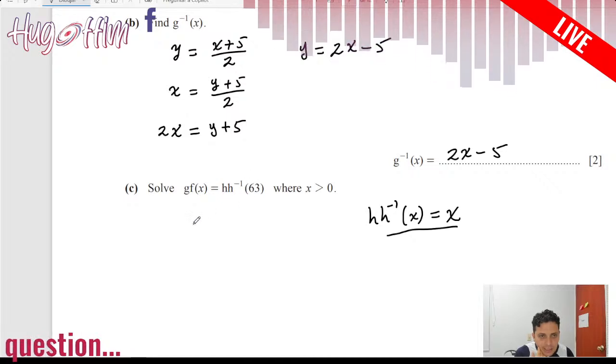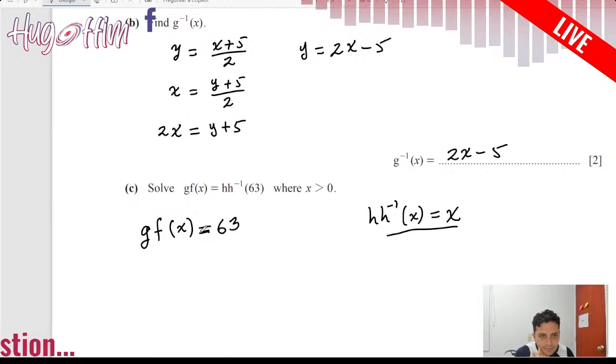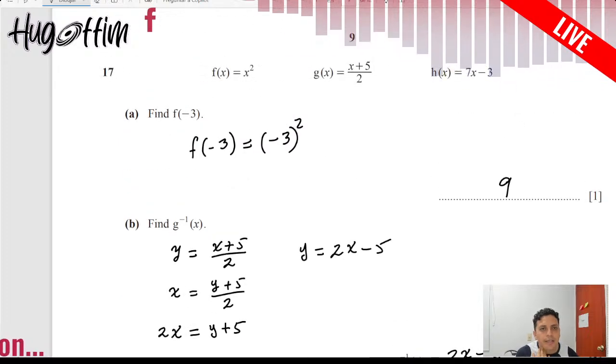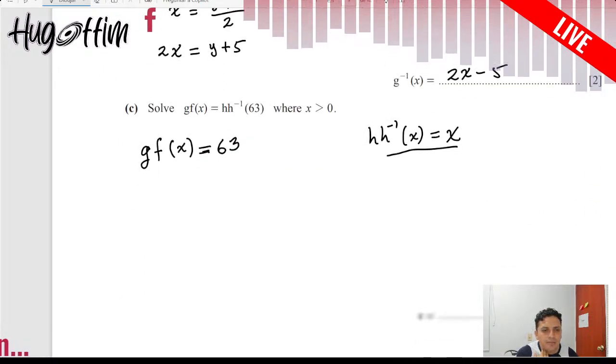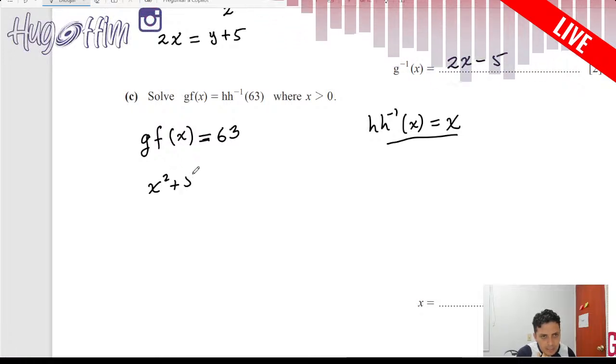So it means that this is 63. So actually they're asking you that the composite g of f of x is 63. Right? So f of x is x squared and g of x is x plus 5 over 2. So this means that x squared plus 5 over 2 should be 63.